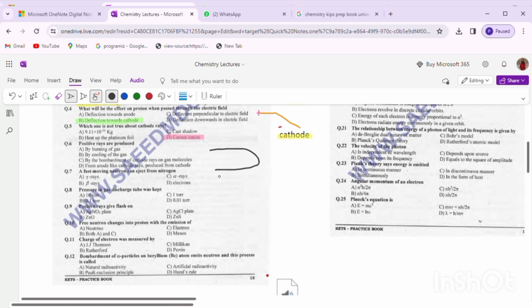This is basically the discharge tube, right? This is the discharge tube. Here I have zinc sulfide plate. Right? What are they asking? Positive rays are produced.